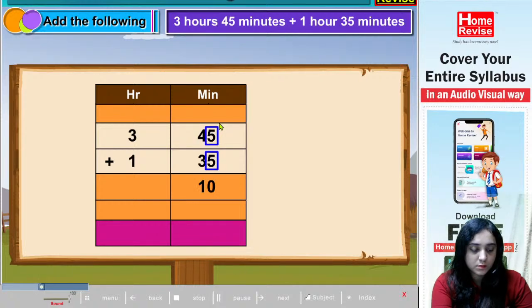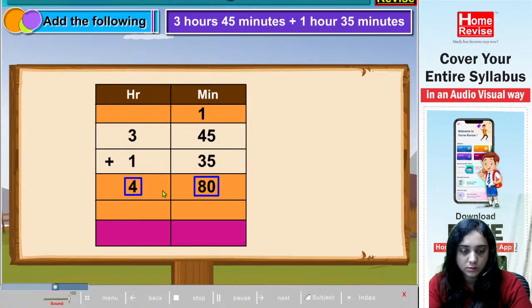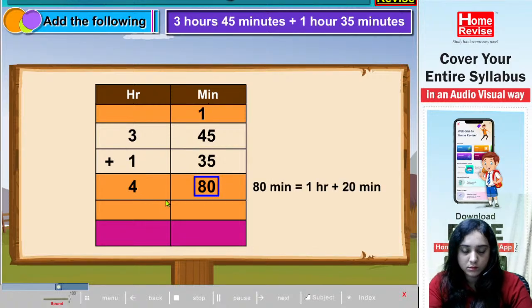5 plus 5 is 10, 1 is carried forward, so 1 plus 4, 5, plus 3 is 8. Therefore, we have 80 in the minutes column. Now looking at the hours column, 3 plus 1 is 4. So now we have 4 in the hours column, 80 in the minutes column. But 80 minutes is nothing but 60 plus 20 minutes.